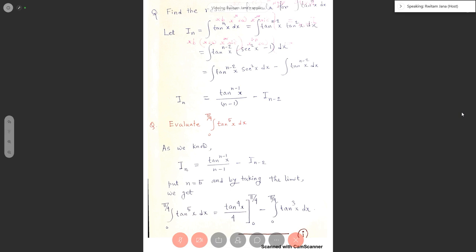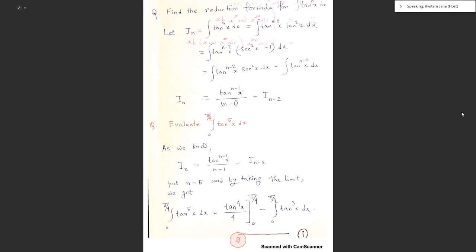Now I have taken I n equals integration tan to the power n x dx. So obviously integration tan to the power n minus 2 x dx is nothing but I suffix n minus 2. Now, how to calculate integration tan to the power n minus 2 x into sec square x dx? It is also very easy to verify, and I hope you can do this also.